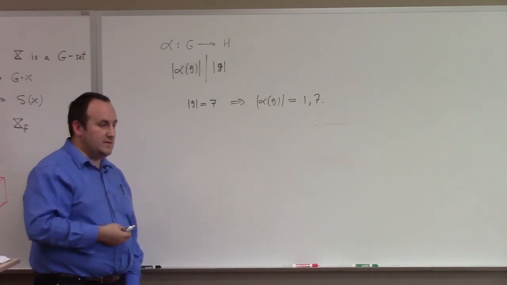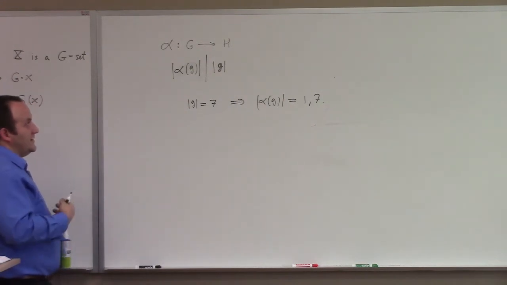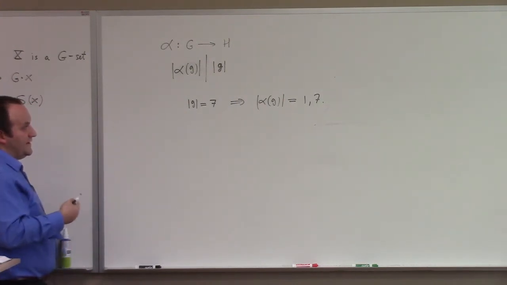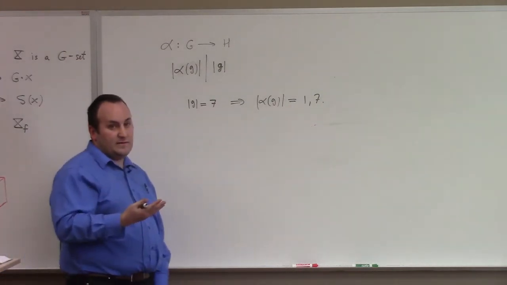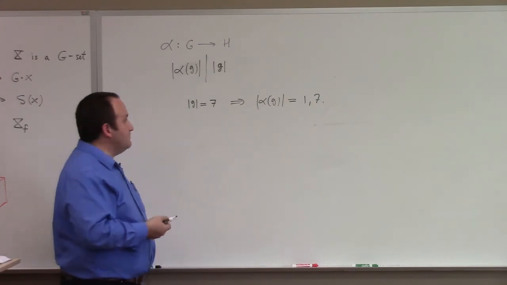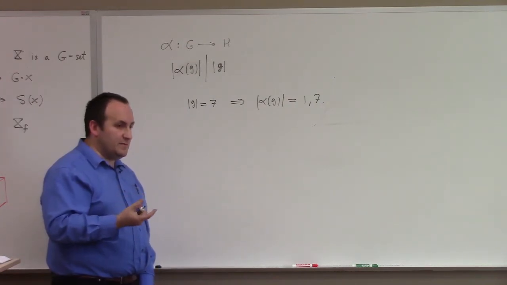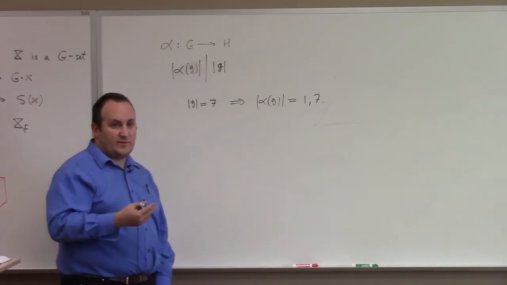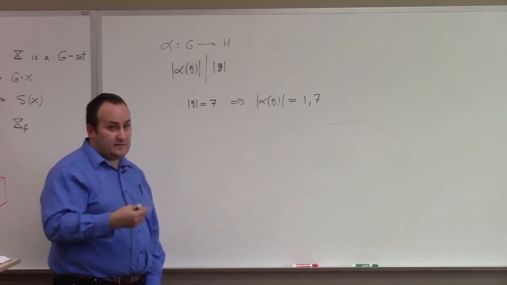We can look at structure as it has to be preserved onto the image. And conversely, the first isomorphism theorem in that discussion told us that the kernel of a homomorphism has to be normal, right? So if you write down a homomorphism, and your group is simple, meaning that it has no normal subgroups but itself and the identity, what kind of homomorphism can you write from such a group?